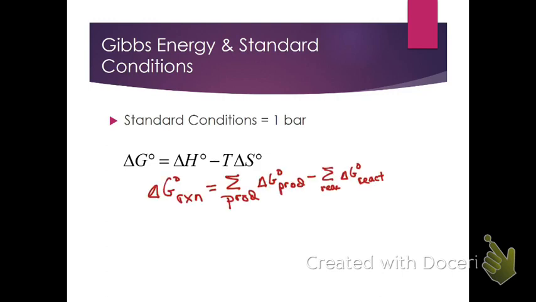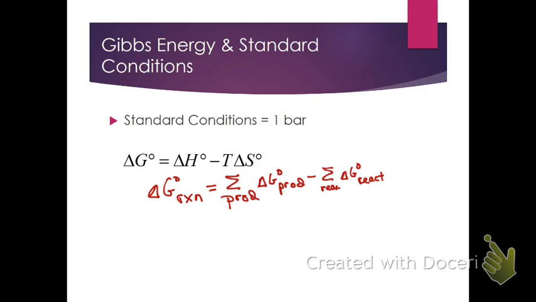Delta G naught for the reaction is the sum of the delta G's of formation of the products minus the delta G's of formation of the reactants. So if we use those values from the tables, we're going to get delta G naught for the reaction.